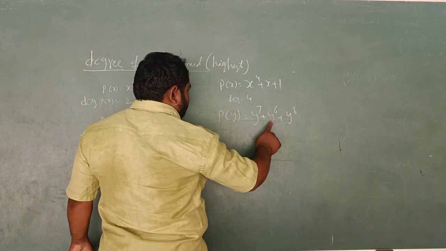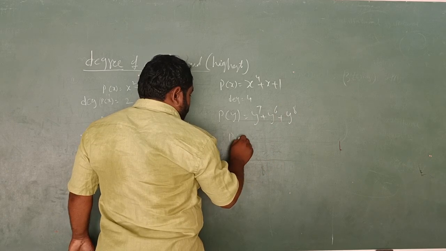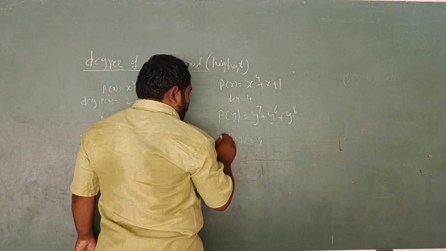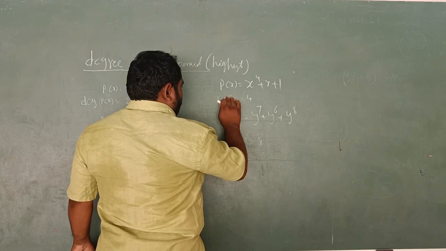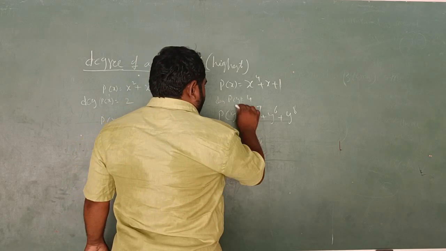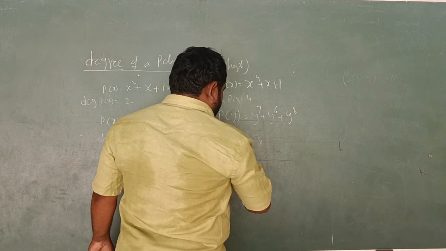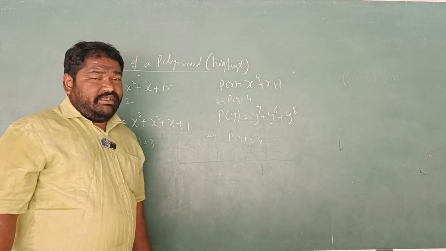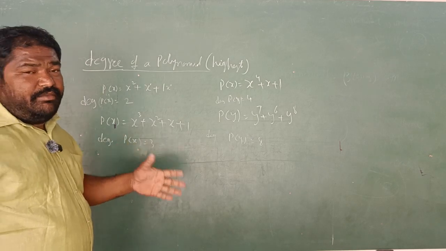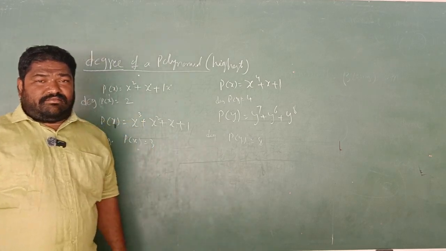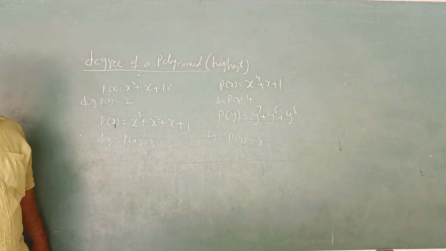Here the highest power is 8. Therefore, degree of this polynomial is 8. This is a polynomial in y, and its degree is 8. Therefore, degree of a polynomial means the highest power of the variable in a given expression.